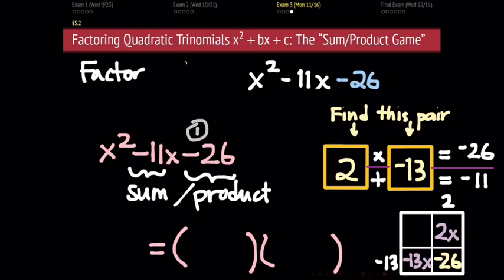But using our grid, that must mean that this 2x that we just wrote in this box right here is there precisely because it was x times 2. So we must need an x over here. Likewise, this negative 13x, which is down here on this side, must be there as a result of multiplying x by negative 13.